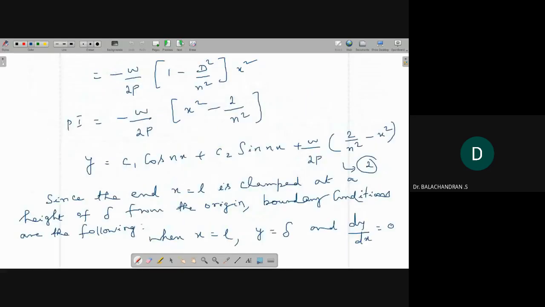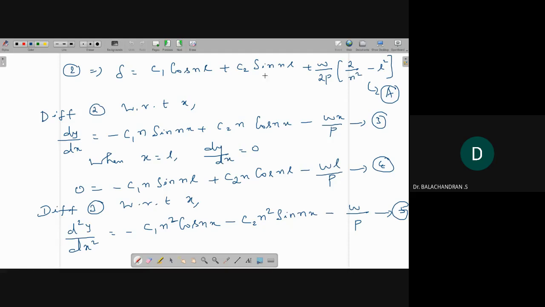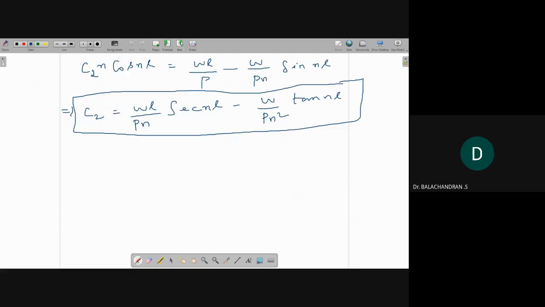So that's the reason I am substituting. Otherwise you need to substitute C1 and C2 in equation 2, and then again when x is equal to L, y equal to delta. So you should proceed like this. Or otherwise directly you can substitute in equation A. So that's why I am substituting in equation A.